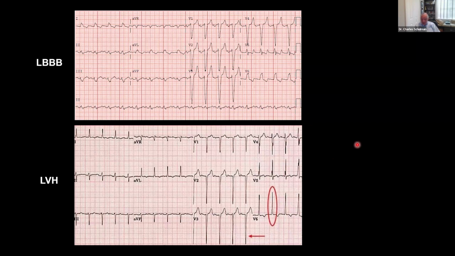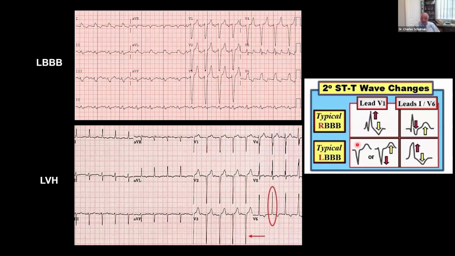Well, let's look here. Due to the depolarization abnormalities, there are secondary ST wave changes that represent repolarization abnormalities. And they go in the direction as follows.